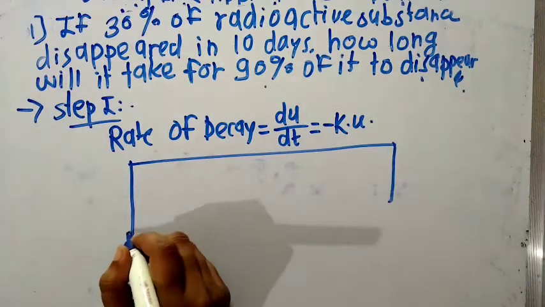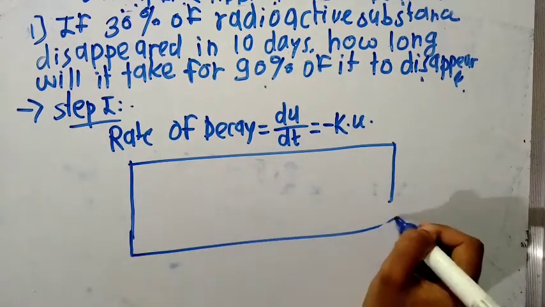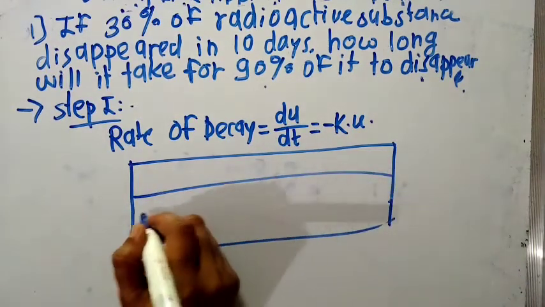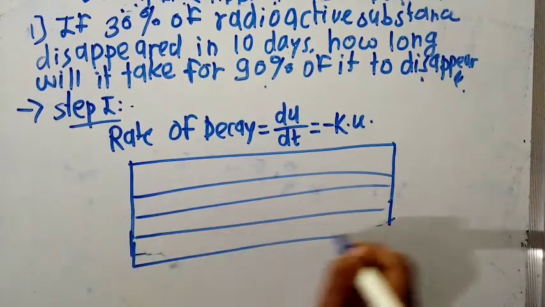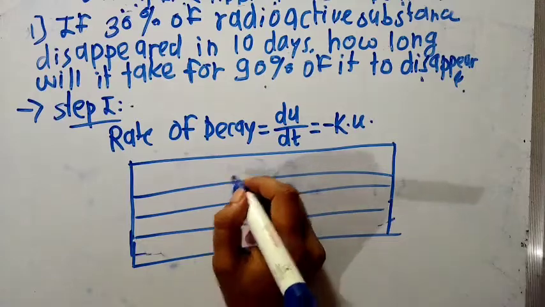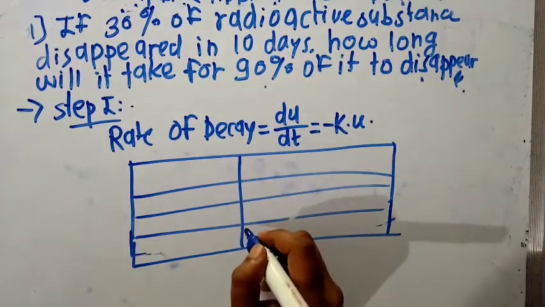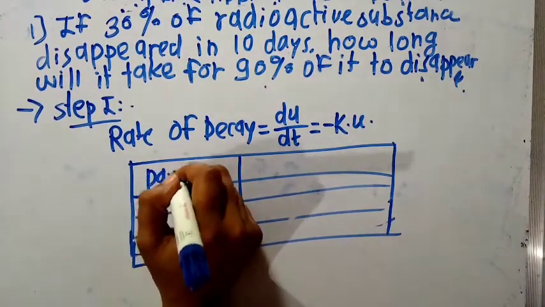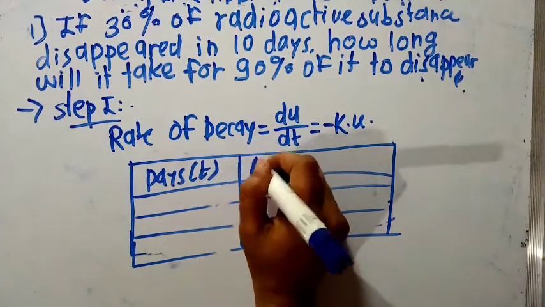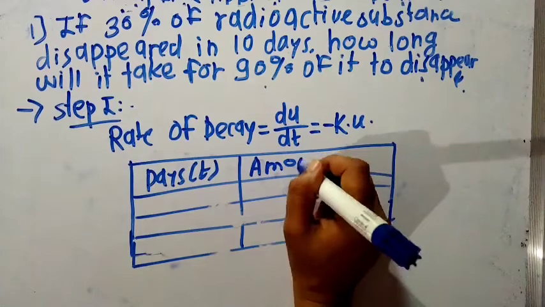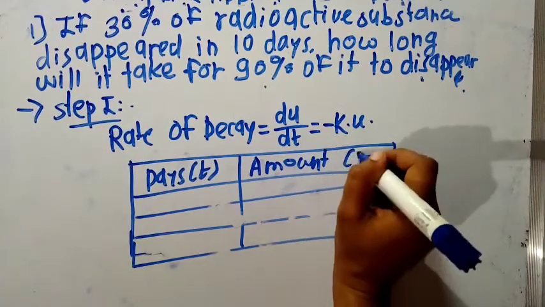Then here, days means time, and the initial amount is u.